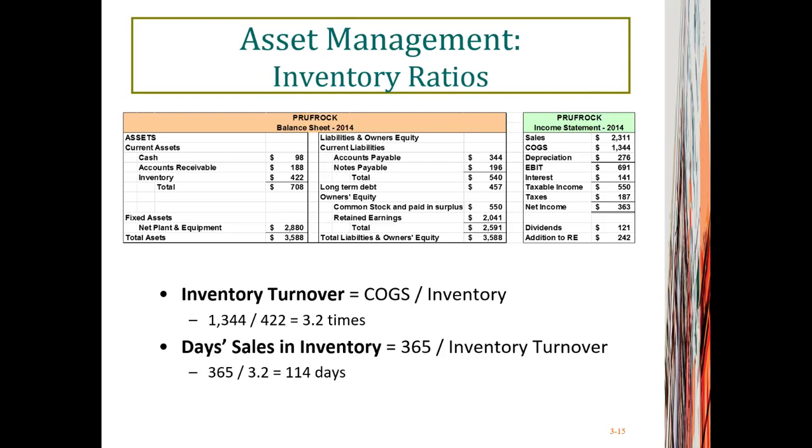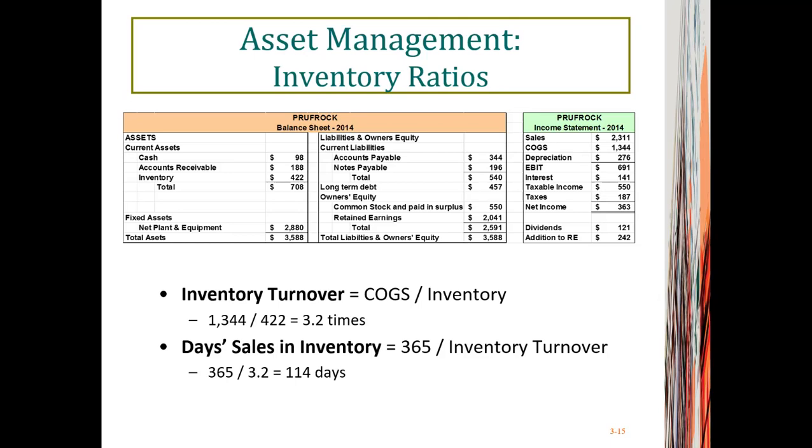So cost of goods sold in this case is 1344, and inventory is 422. So inventory turnover is 3.2 times. What does that number mean? 3.2 times. That means the inventory investment the company made in year 2014, which is $422 million, has been rotated for a little over 3 times within the corporation in generating new sales, right?